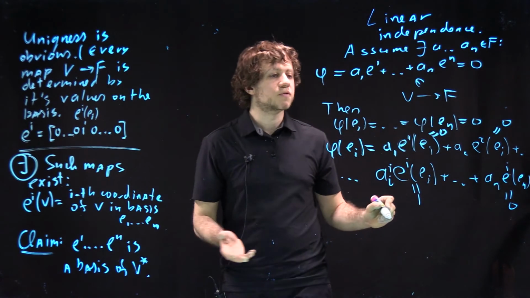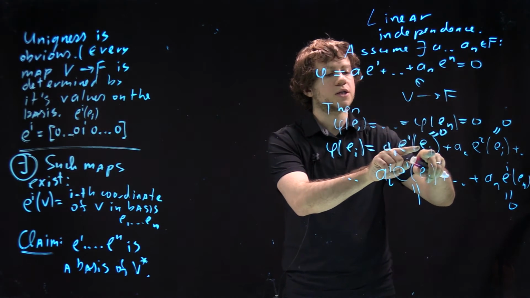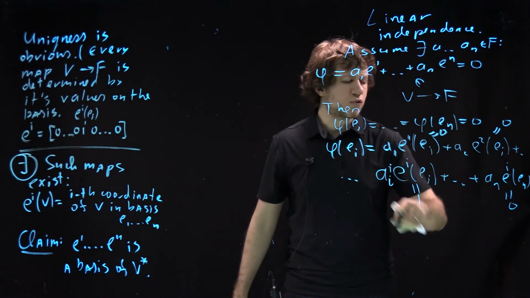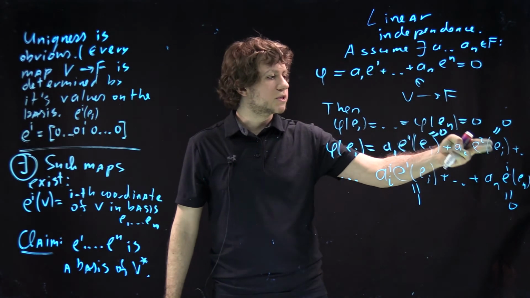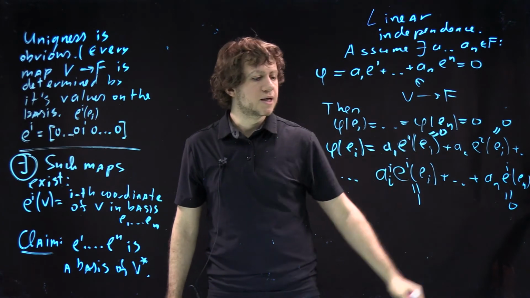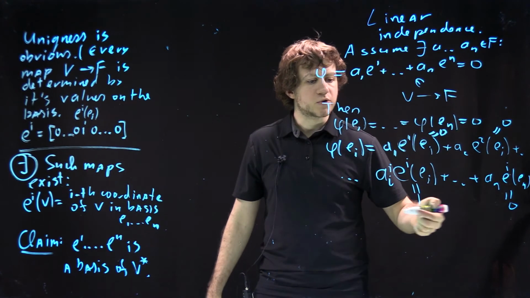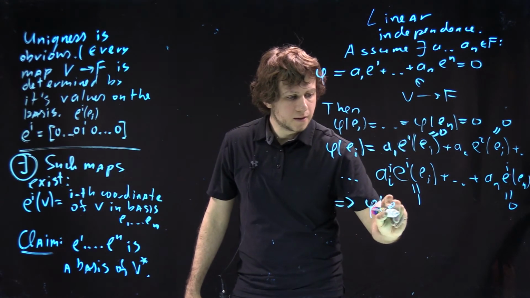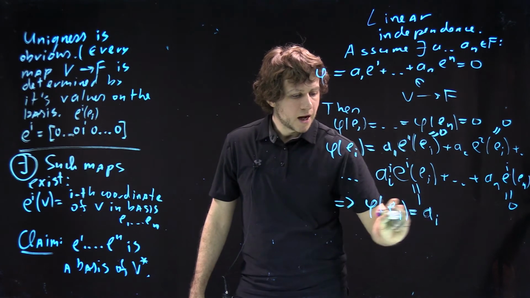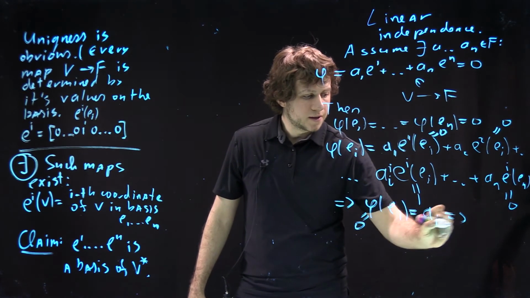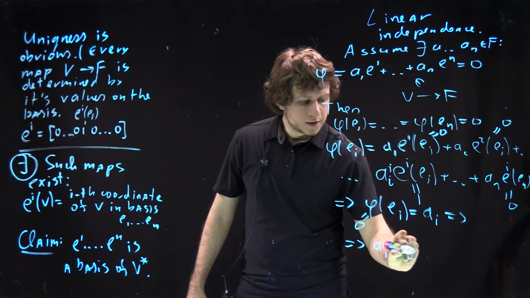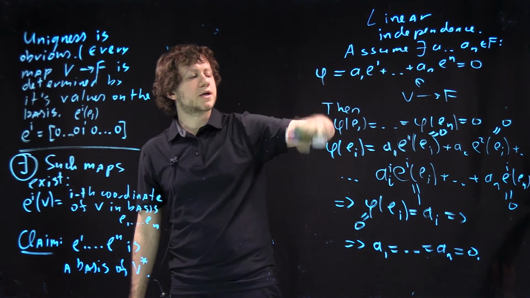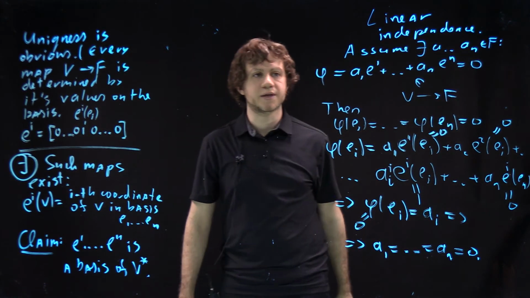Or you can just think in terms of coordinates. So this is the first coordinate of a vector e_i, and this is 0. All coordinates except i's are 0. Of course, in this notation, I mean that i is greater or equal than 2, greater or equal than 3, and less than n, but probably you understand what I mean. And so, we see that phi of e_i equals a_i, and we know that it equals 0. So then a_1 up to a_n all vanish. So we see that our covectors are linearly independent.